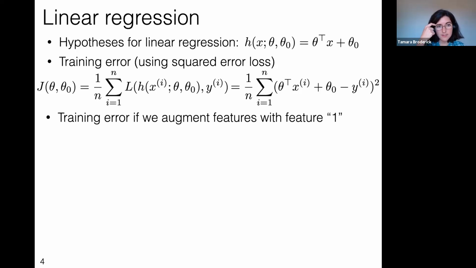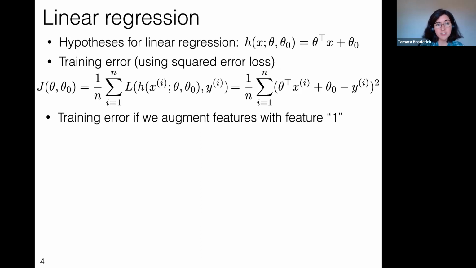Now, we're going to do some mathematical trickery occasionally, and this is one of those points. This is a mathematical trick that you have already seen in the context of classification, but we're going to do it again here. If we augment our features with a feature that is just 1, like the last x, we're just going to make the value 1, then that's equivalent to having had both our theta and our offset theta naught. So basically, it's a way to get rid of theta naught while still having the same expressive power.